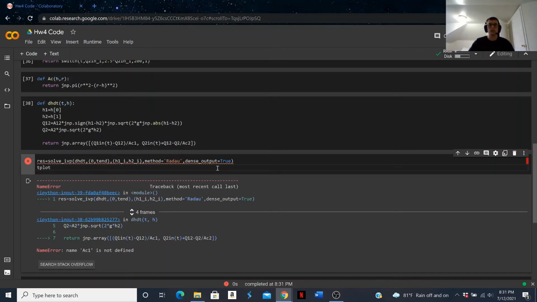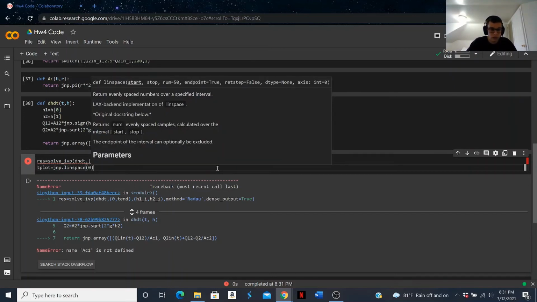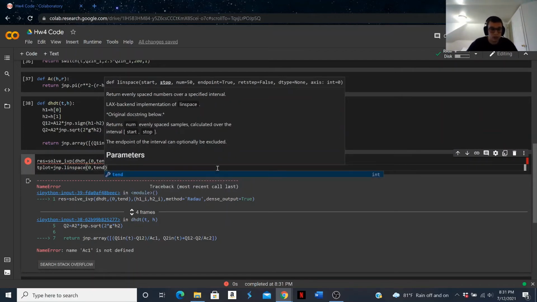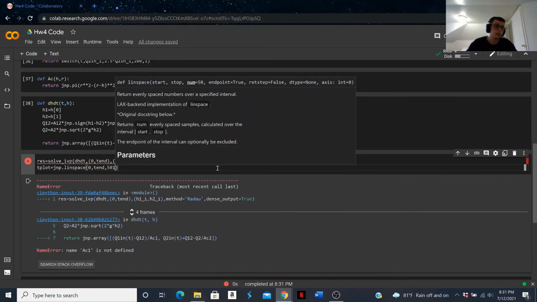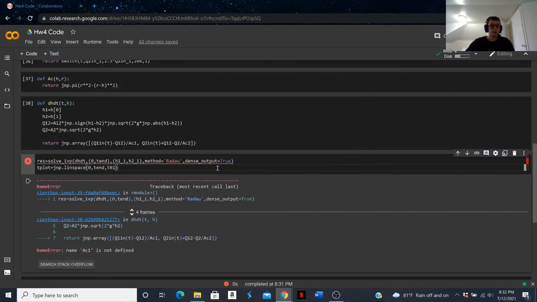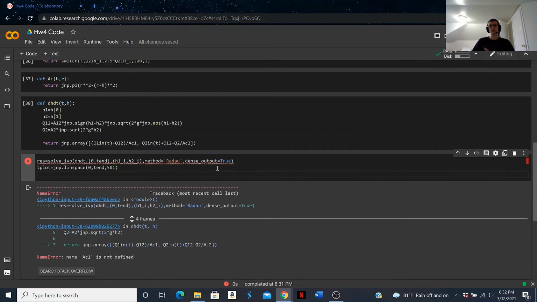T plot. So our time plot, which is just gonna be a linspace function, jnp.linspace, and we know our starting value is 0. Our ending value is T end, and the number of values here is going to be 501, because if you go from 1 to 500 but you're also including 0, it's 501 individual data points that we're going to put in here.